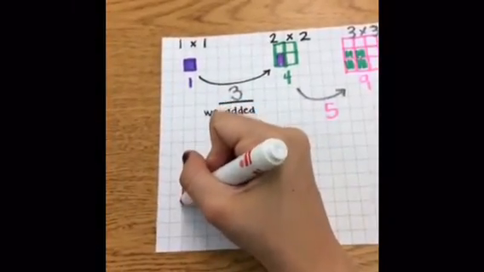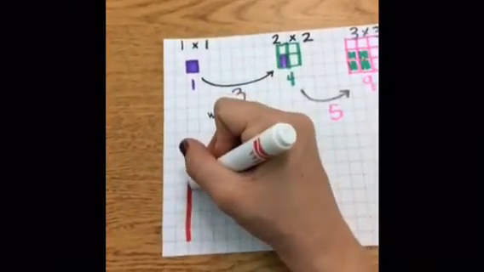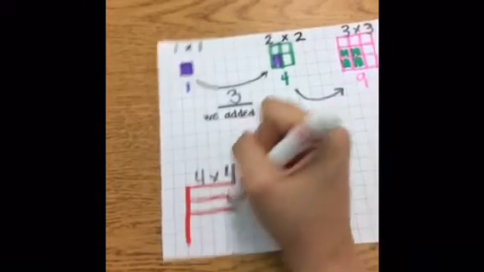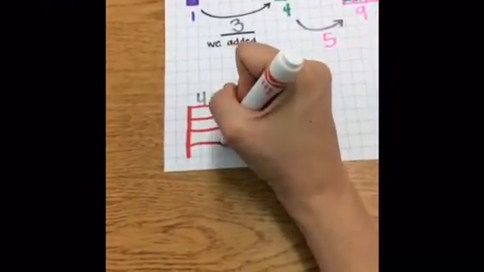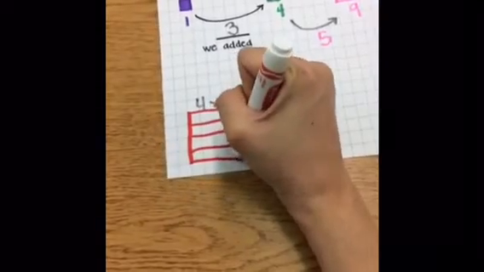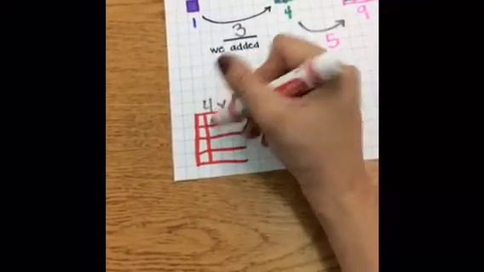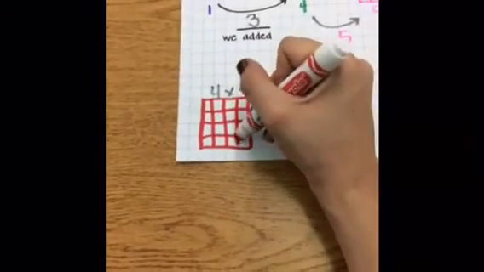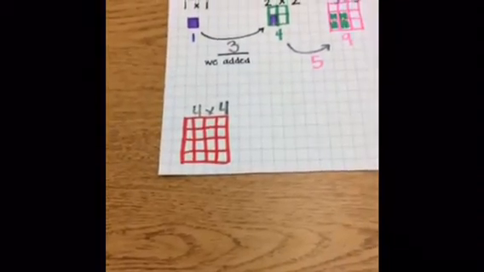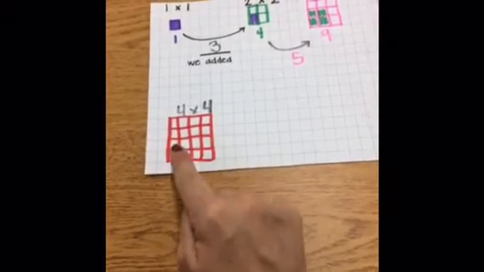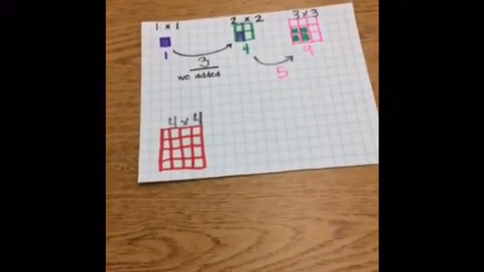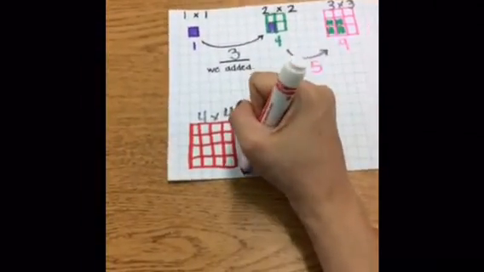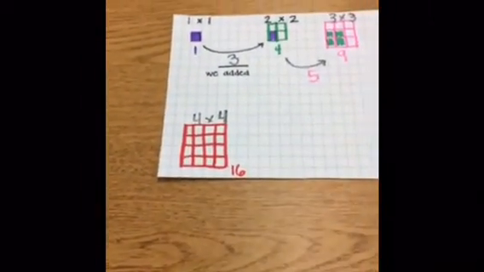So I'm going to do 1, 2, 3, 4 rows of 4 squares. I have 4 in this row, 4 in this row, 4 in this row, and 4 in this row. And 4 rows of 4, 16.